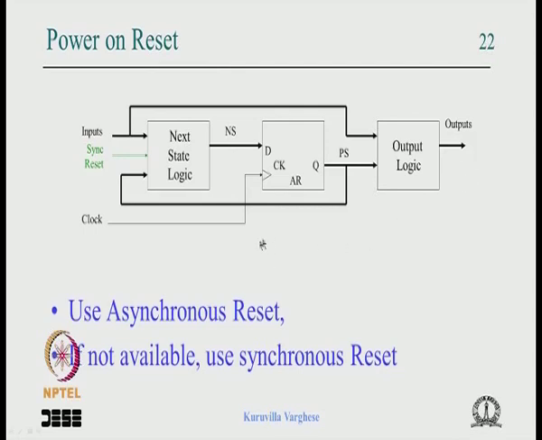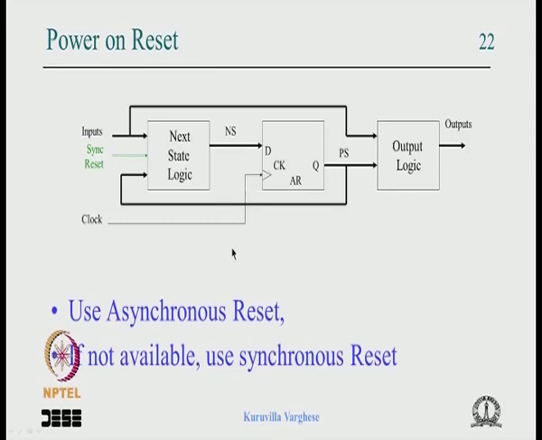So the clock period should be greater than the TCQ, because a clock comes, it takes TCQ delay, then the next state logic delay, and that has to arrive a setup time before the next clock edge.